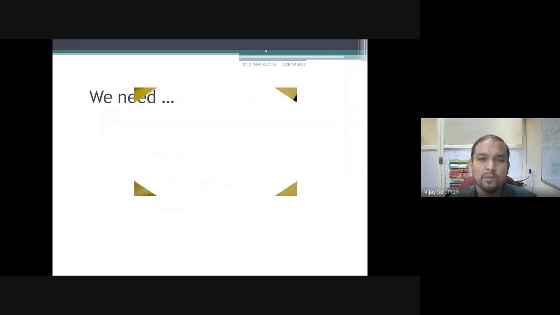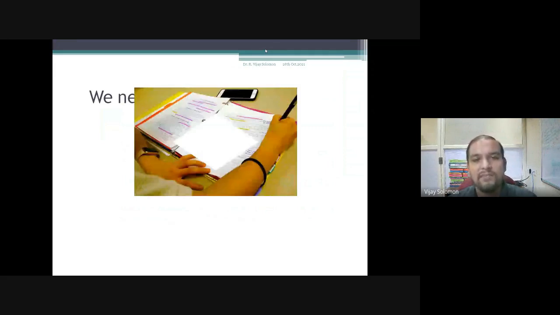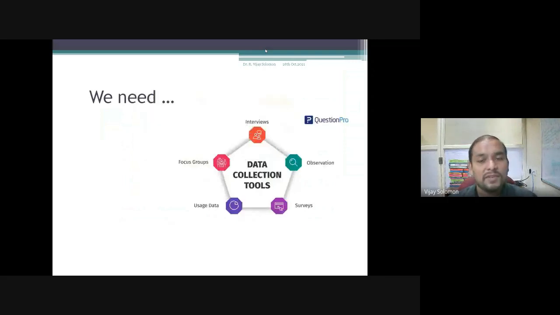Then we will write everything during the course of the study, even a small piece of information or a big one, everything will be noted down in our records. And we will carefully plan for collecting data, especially in terms of interviews, observation, surveys, using data from the repository or from government agencies, and focus groups and so on.